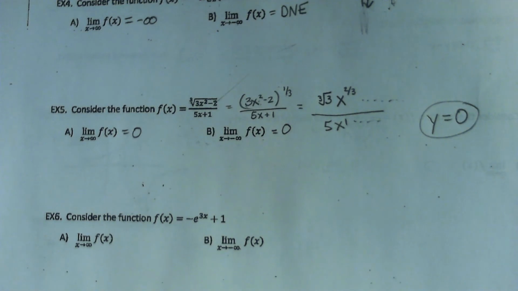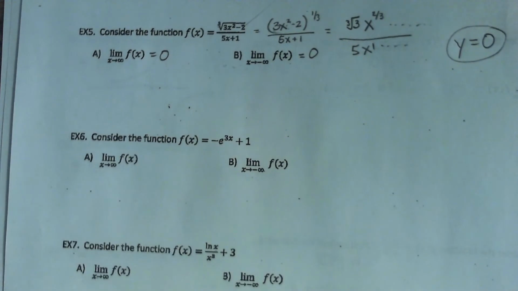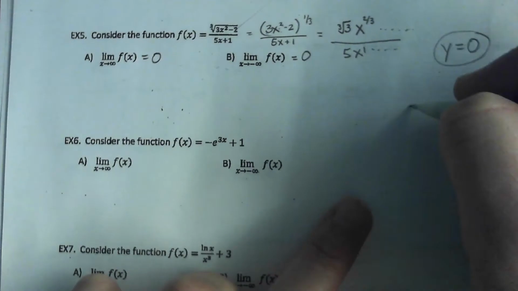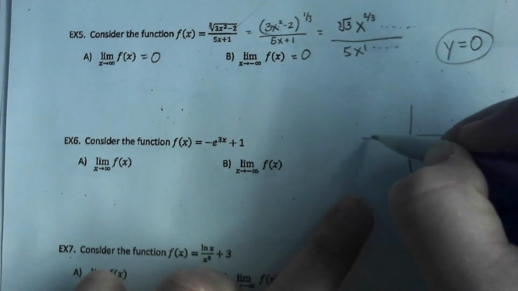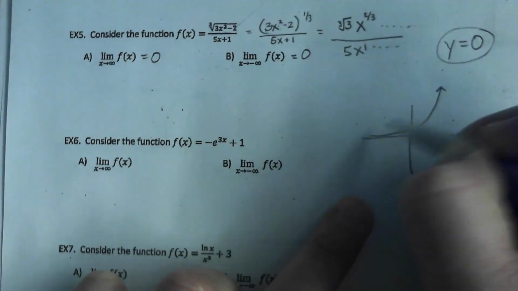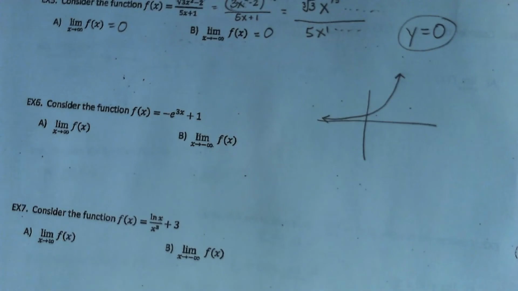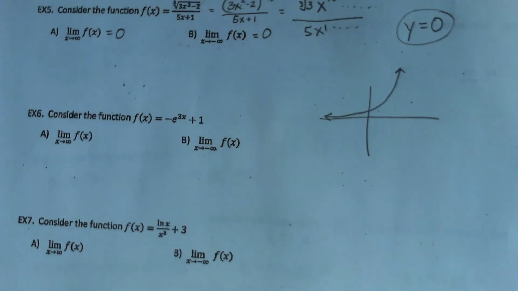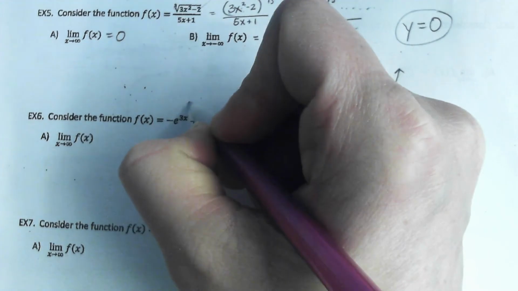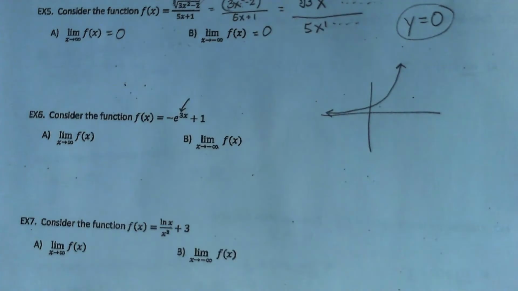Okay? All right, exponential functions. E to the x as a parent graph looks like that. Right? Anything to the x power looks like that as a parent graph. So, Nate, what does the 3 do, as far as the transformation is concerned?